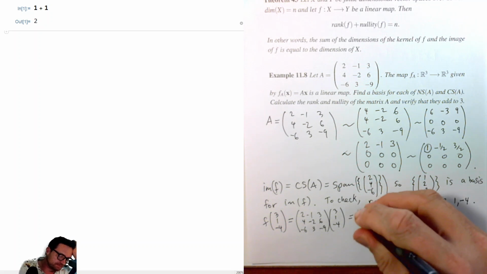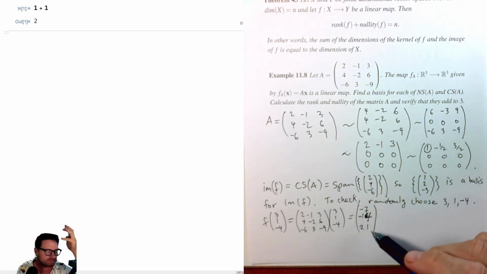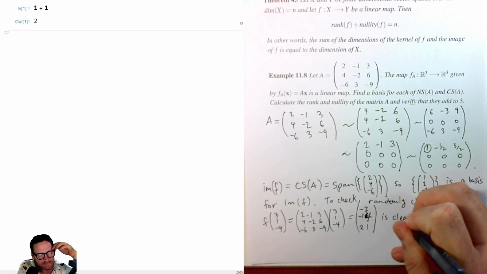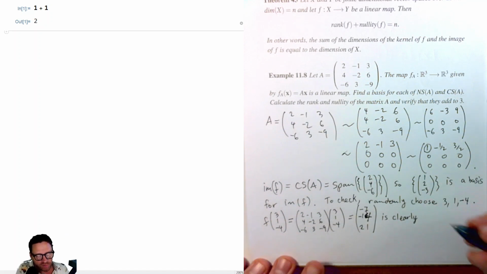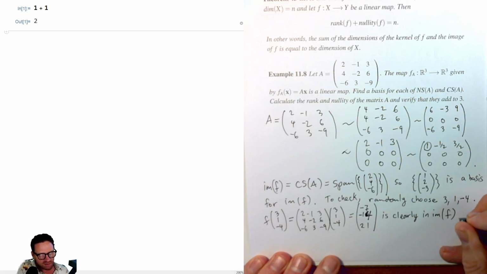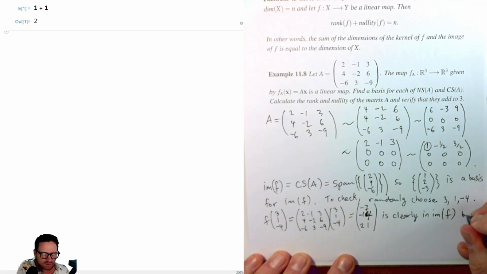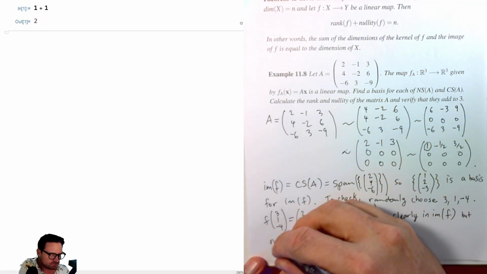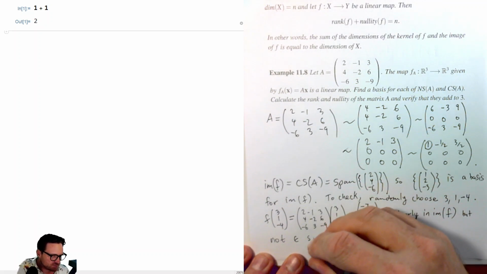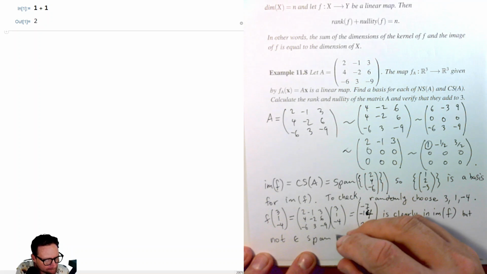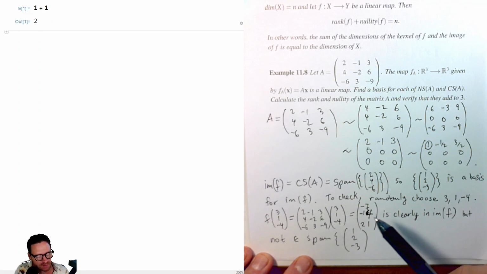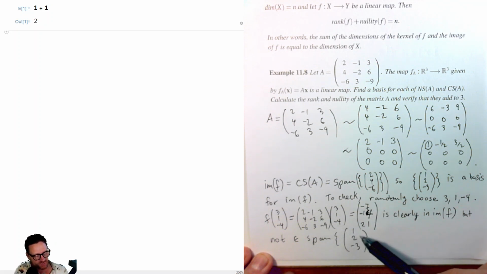Yeah. There we go. So we get this. So this is clearly an output of F, clearly in the image of F. But note it's also in the span of (1, 2, -3). In other words, it's -7 times (1, 2, -3).